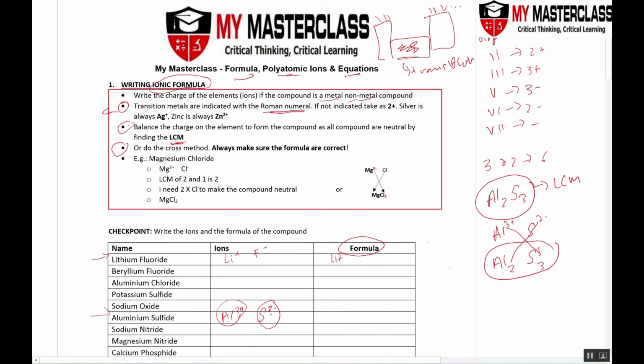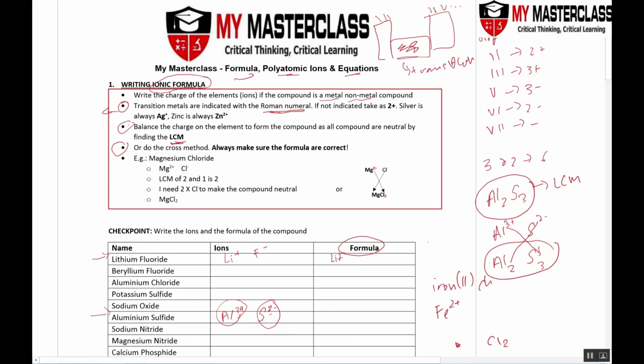For example, the most common element, number 26, is iron. Sometimes they will tell you iron(II) chloride. From the name, the Roman numeral 2 tells you that Fe is 2 plus. Chloride is Cl minus.